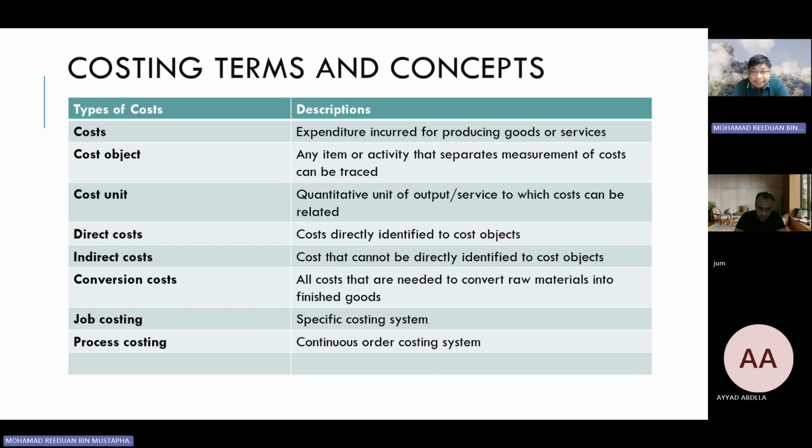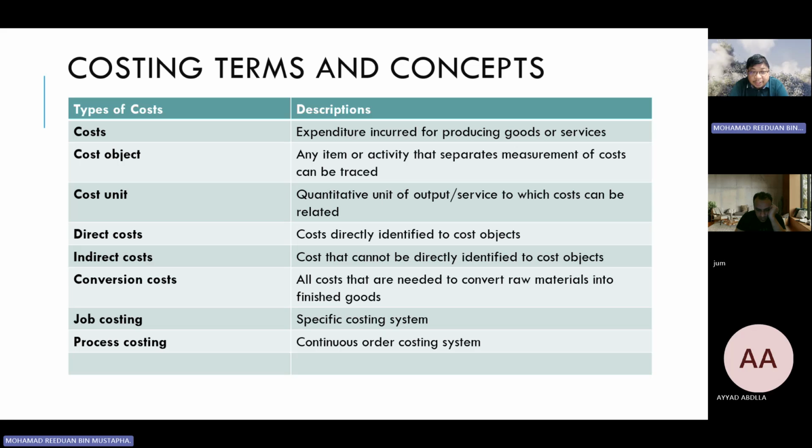Okay, so these are the terms and the concept of cost. So cost actually is the expenditure incurred for producing goods or services. Cost object: any item or activity for which a separate measurement of cost can be traced. Cost unit: quantitative unit of output or services to which cost can be related.